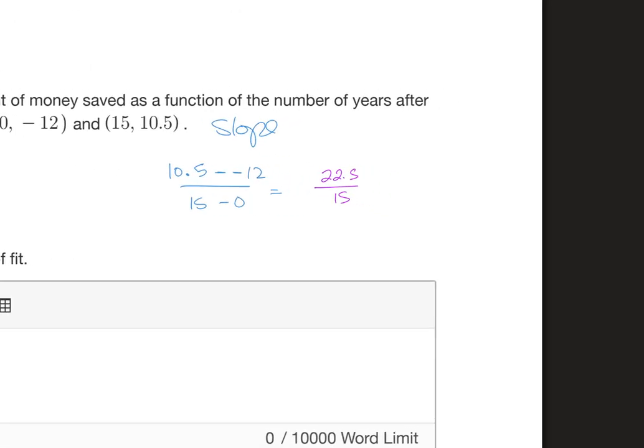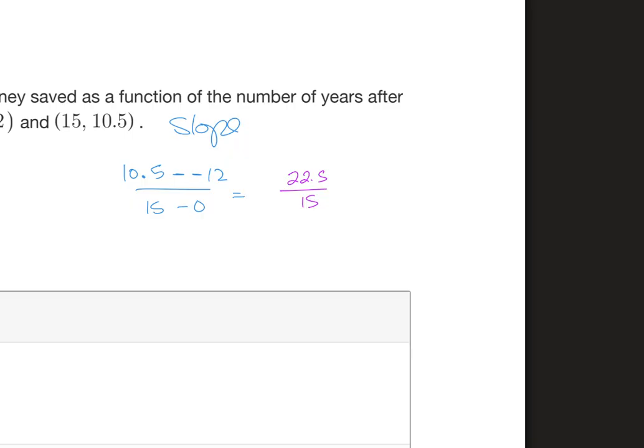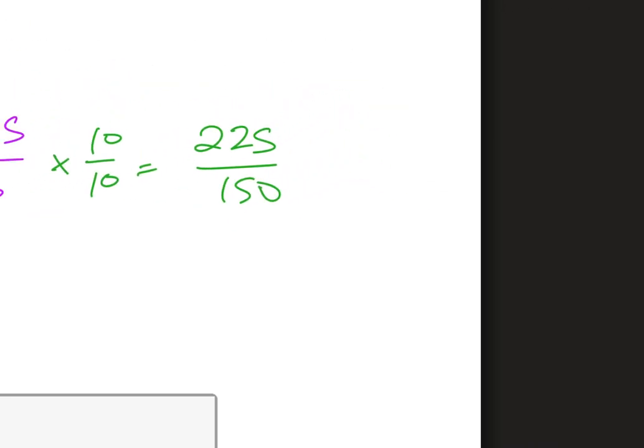Well, okay, hang on. I guess if I multiply that by 10 over 10, I would get 225 over 150. And let's see, could I divide those by 25? I think I can. 225, that's 25, 50, 75, 100, 125... this is 9.